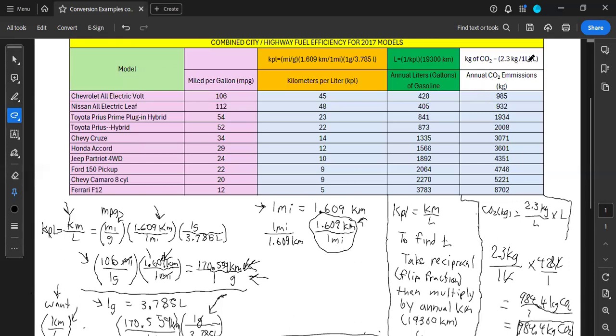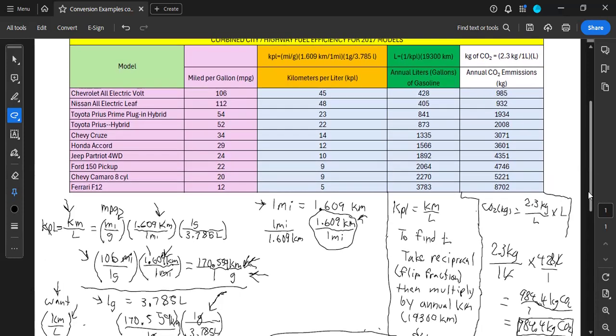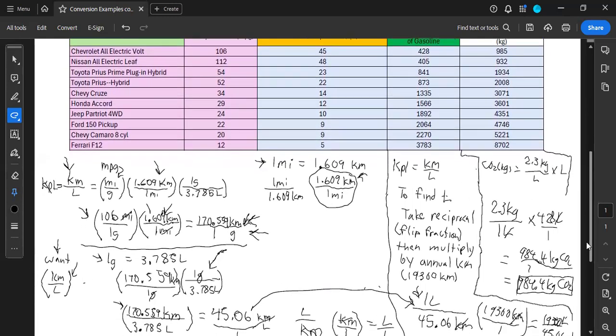For every liter of gasoline, there are going to be emitted 2.3 kilograms of carbon dioxide. So all we have to do is multiply our liters by this conversion factor, and then we'll end up with how many kilograms of carbon dioxide is produced for burning that many liters of gasoline.